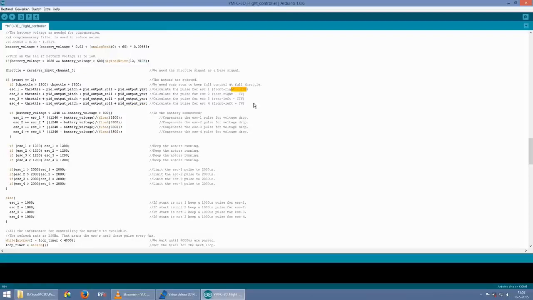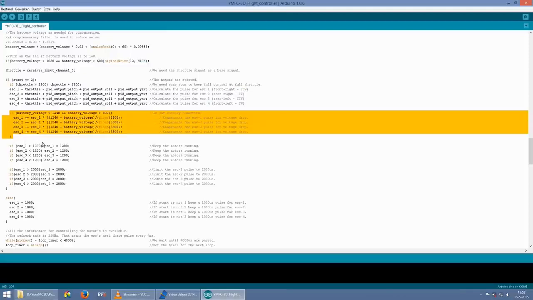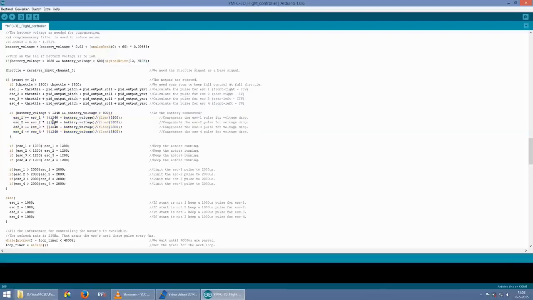When all the pulses are calculated, they need to be corrected for voltage drop. This is done in this section. The voltage drop is measured and divided by 3500. After this, the result is multiplied by the ESC pulse and added to the current ESC pulse. With this, the multicopter hovers at the same stick position regardless of the battery voltage.